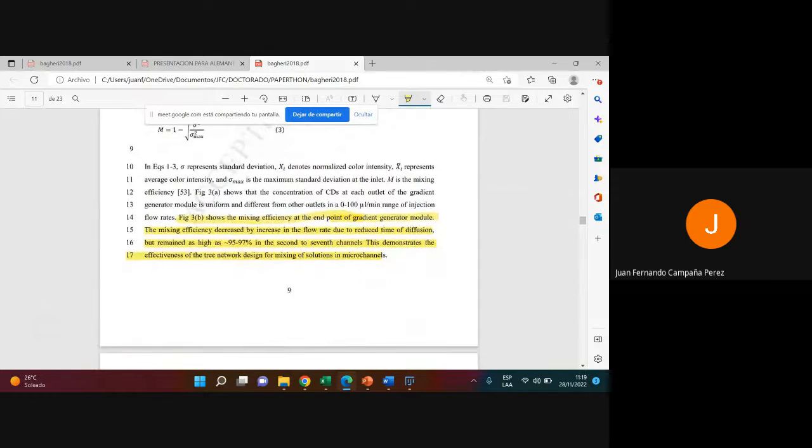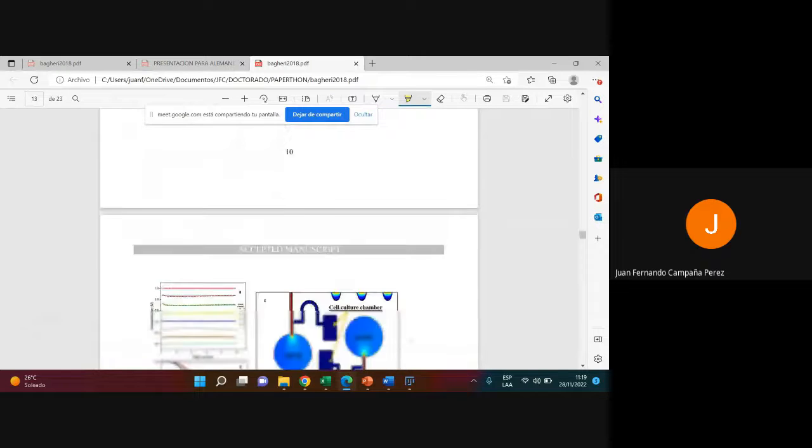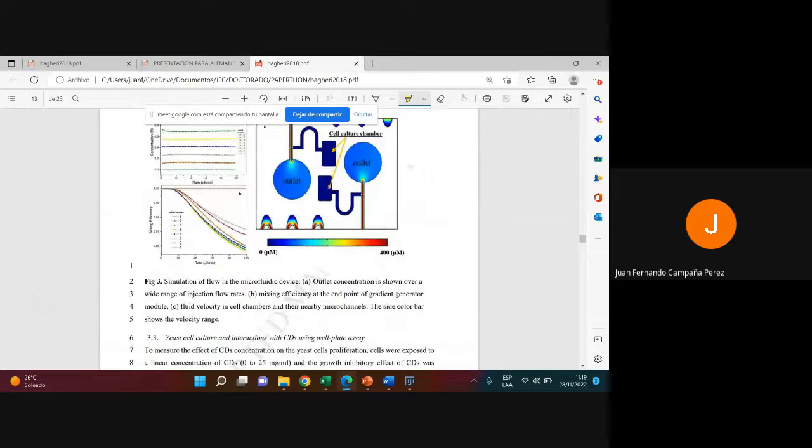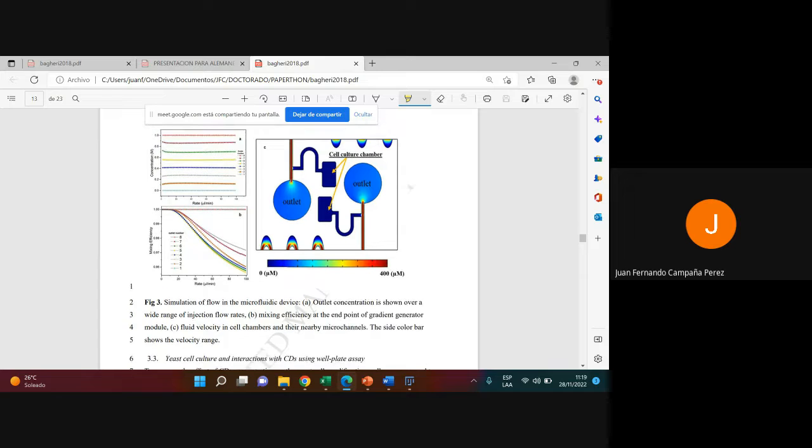In figure 3, in this one, they show the mixing efficiency at the endpoint of the gradient generation module, and the mixing efficiency decreased with the increase in the flow rate due to reduced diffusion time, but remained as high as almost 97%, as you see in the graphic.